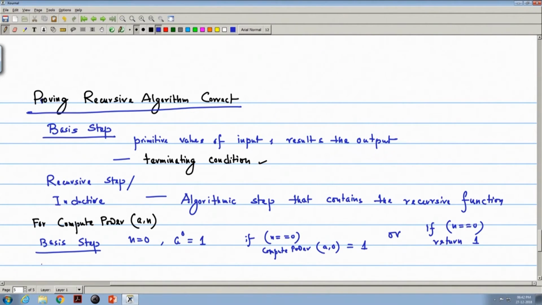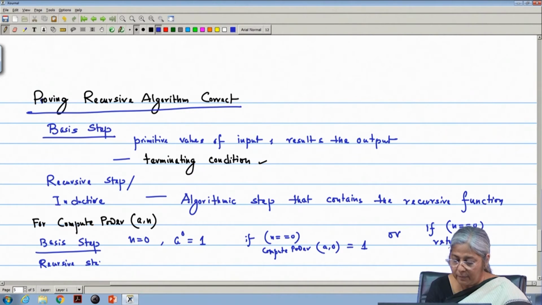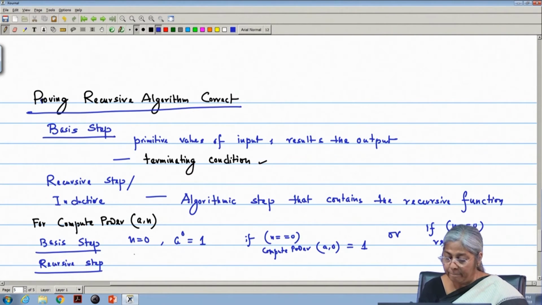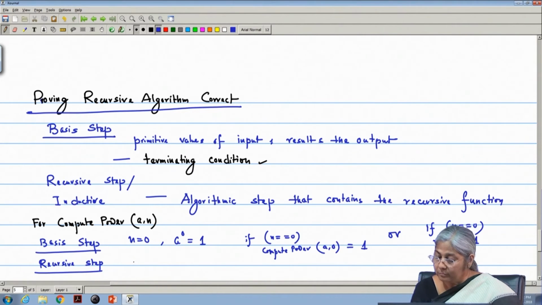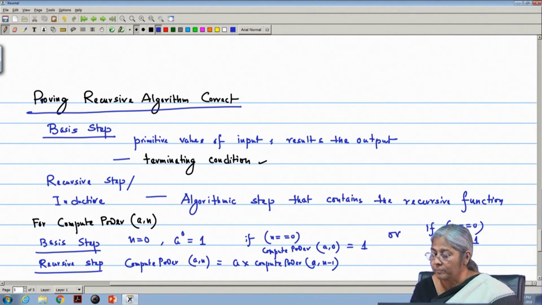And what is my recursive step? My recursive step is that compute power(a, n) is a into compute power(a, n minus 1).